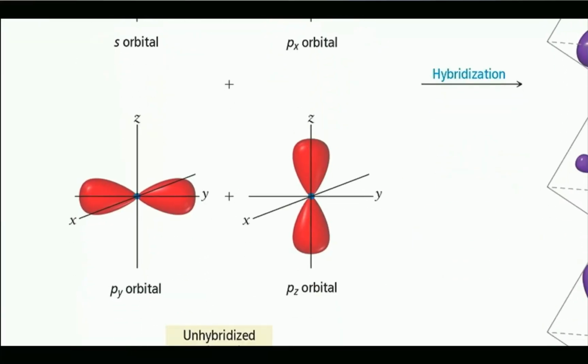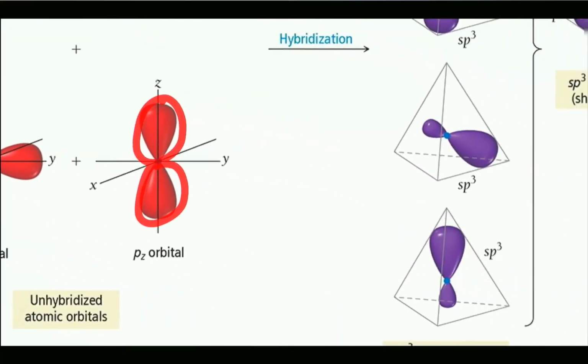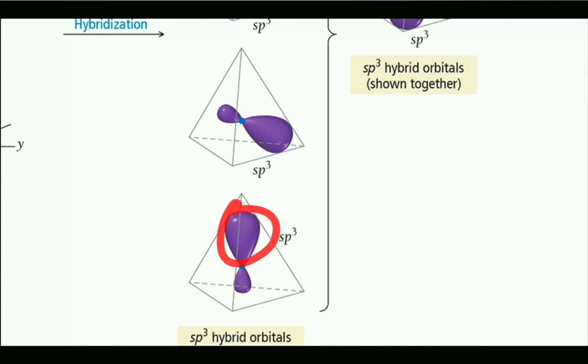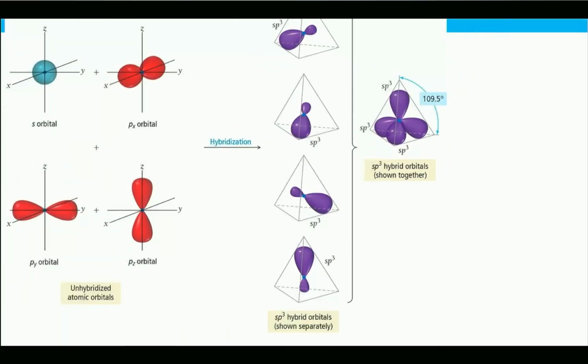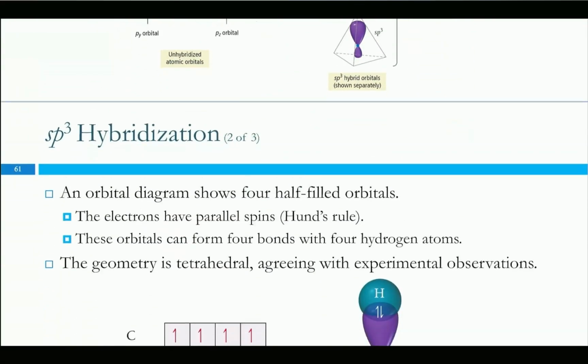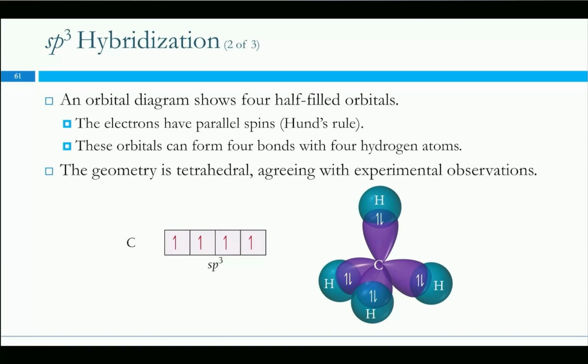Maybe it's easier to see with the pz. Evenly distributed, then we end up with an orbital that ends up mostly on one side, and ends up being tetrahedral. So that's the sp3 hybridization, and it's called sp3 because it's using one s orbital and three p orbitals. So you just add them up.